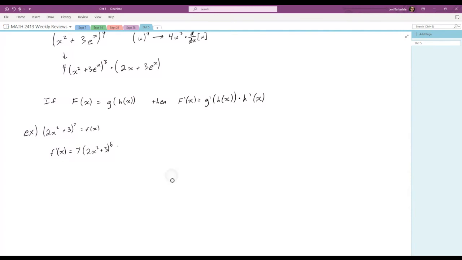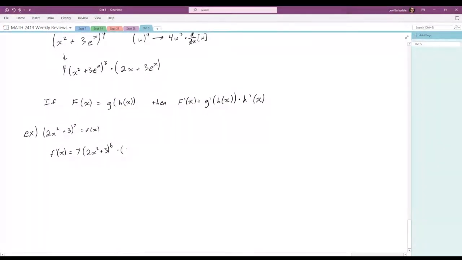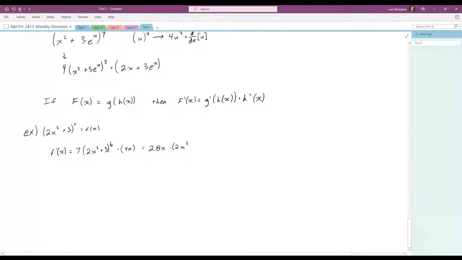Now the chain rule says I should multiply by the derivative of whatever's inside. So multiplied by the derivative of 2x squared, which is 4x, and the derivative of 3 is 0. Make sense?